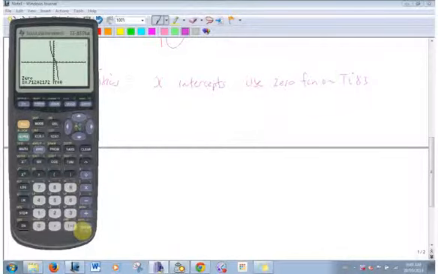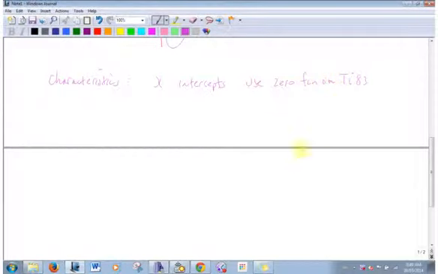And that is your x-intercept, where x is 0.712 and change. Note, what is the y coordinate at the x-intercept? Always, always, always zero. That function: use the zero function on your calculator.